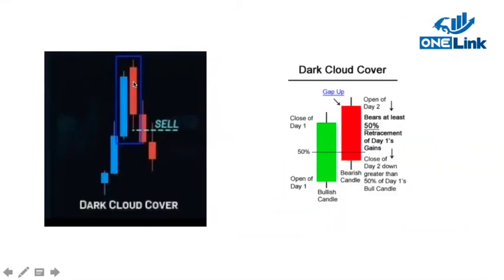When the price moves more than 50% of the previous candle, that gives you the first confirmation. The second confirmation is when the price overshoots the tip of this wick, then the price starts moving down. This gives you a second confirmation that you can enter the trade using this dark cloud method. Your entry level will be here, your exit level will be somewhere here. So that will be dark cloud.